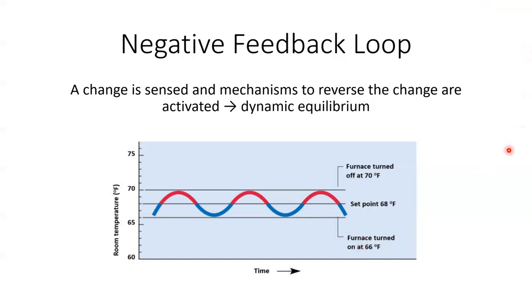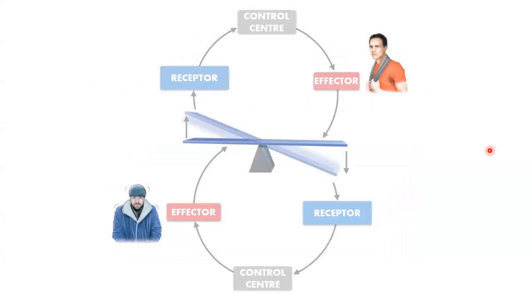And so this is how the body works in terms of a negative feedback loop to maintain those internal conditions, to maintain homeostasis. So taking that example of heating and cooling, but looking at it from a human body perspective, we're going to walk through an example of a negative feedback loop, identifying each of the elements of that feedback loop.